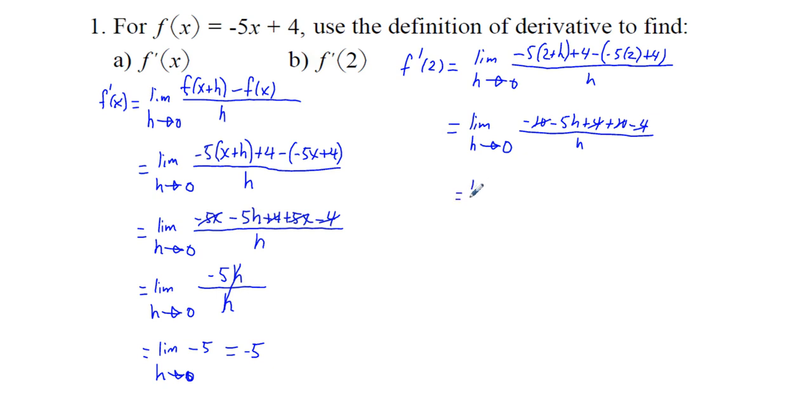We're left with the limit as h approaches 0 of negative 5h over h, which leaves us where we were before, right? For part A, the limit as h approaches 0 of negative 5, which equals negative 5.